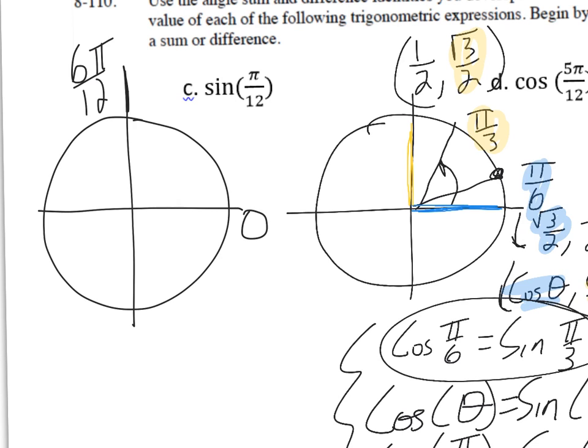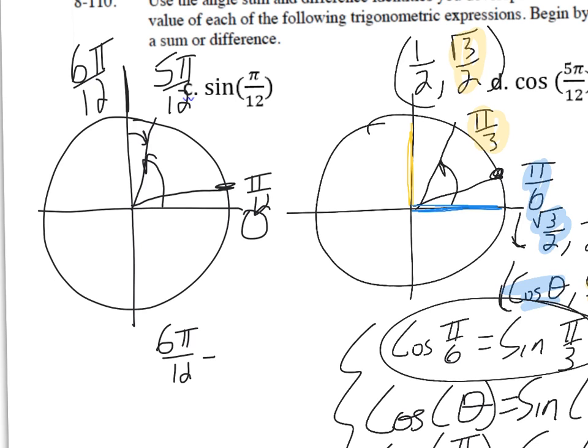Therefore, if I have pi over 12, which would be maybe right about there, then 5 pi over 12 is going to be right there. This angle here is going to be 5 pi over 12, which would really be the same as 6 pi over 12 minus pi over 12.